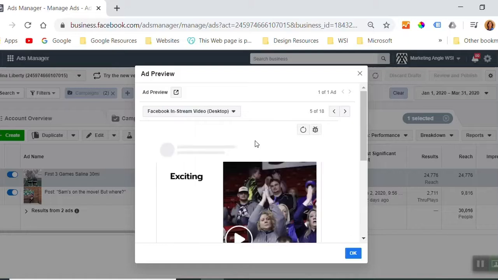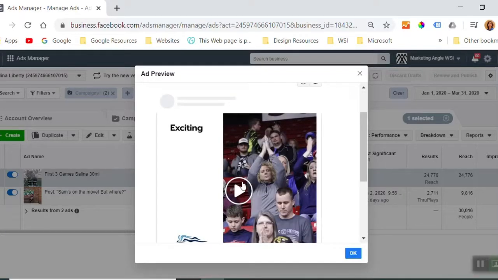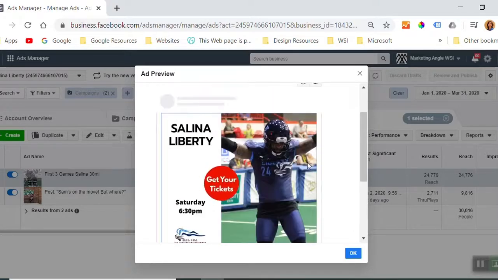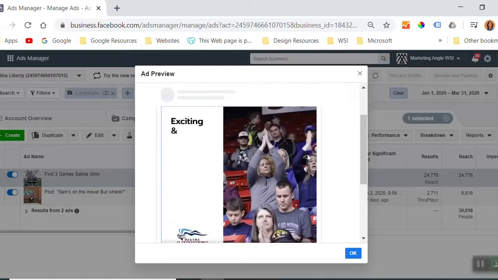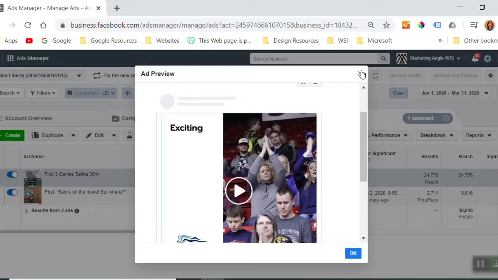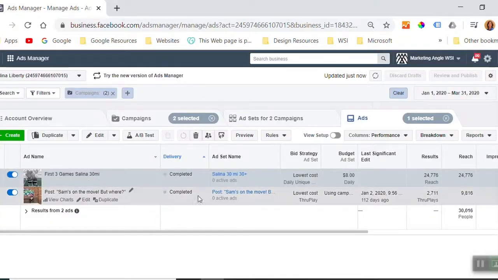Our first 3 games were at home, so we went ahead and did a simple little slideshow type ad that lets them know that, hey, Salina Liberty, Saturday nights, here's when the games are, come out and get your tickets. So that's the difference between the 2 ads or the 2 creatives that went out there during this time.